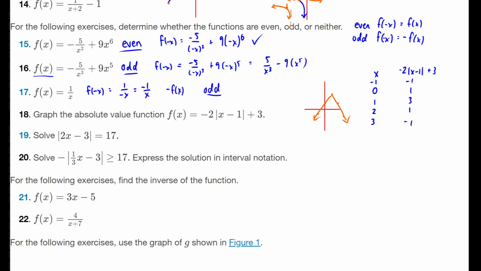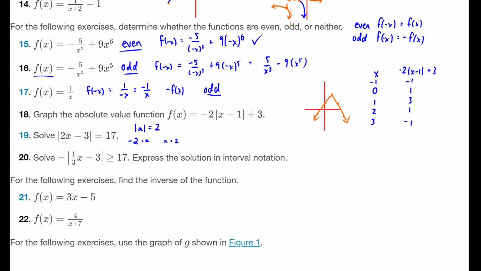19, solve. Absolute value of 2x minus 3 is equal to 17. Okay, how we should do this is we should remember that if we have the absolute value of a equal to 2, what this is going to mean is that a can be equal to negative 2 or a can be equal to 2.